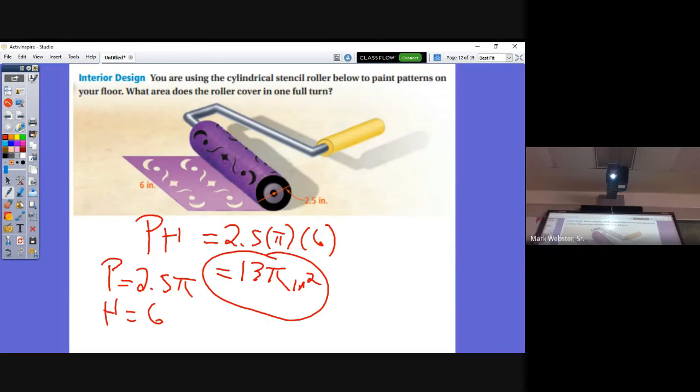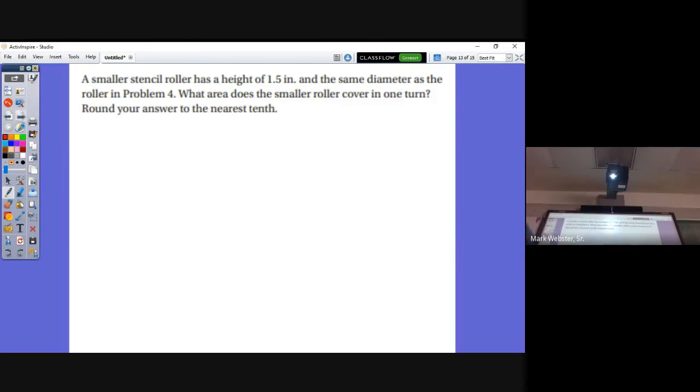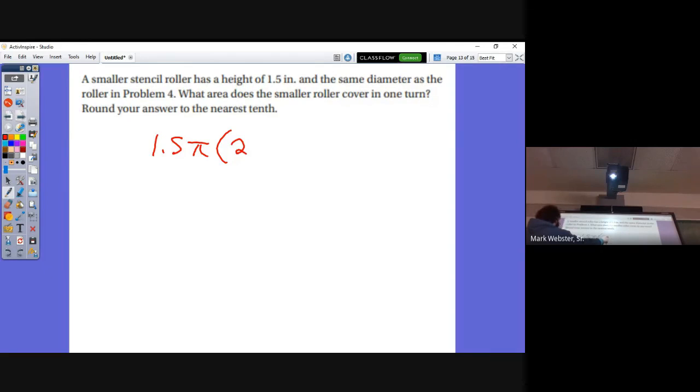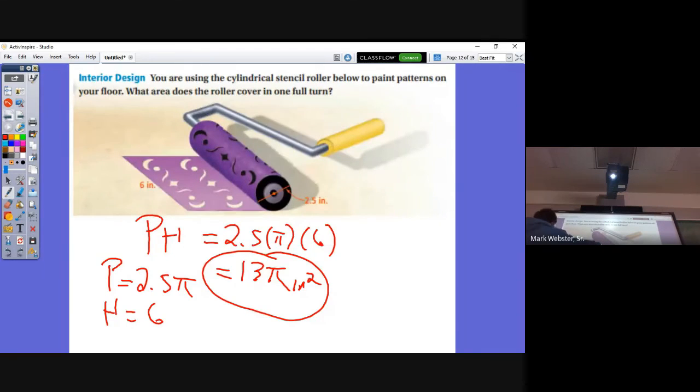All right. And then the same thing with this other one. Again, we just want the roller part. Now they're telling you the roller is 1.5 inches long instead of 6 inches long, right? But it's otherwise the same problem. So now it's 1.5 pi times that 2.5 diameter. Oops, my bad.